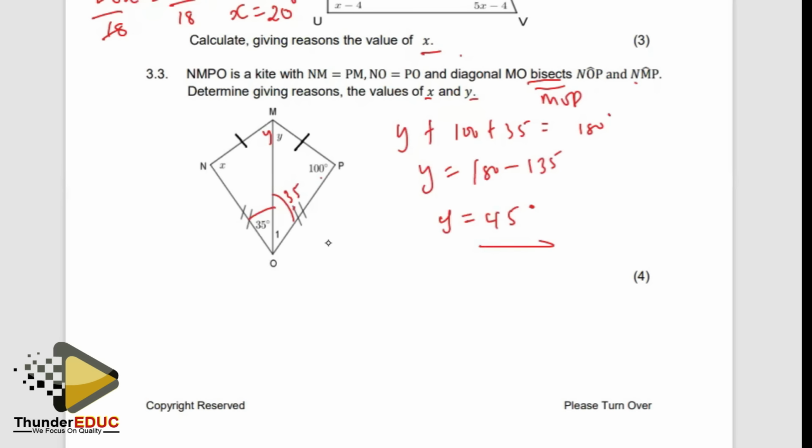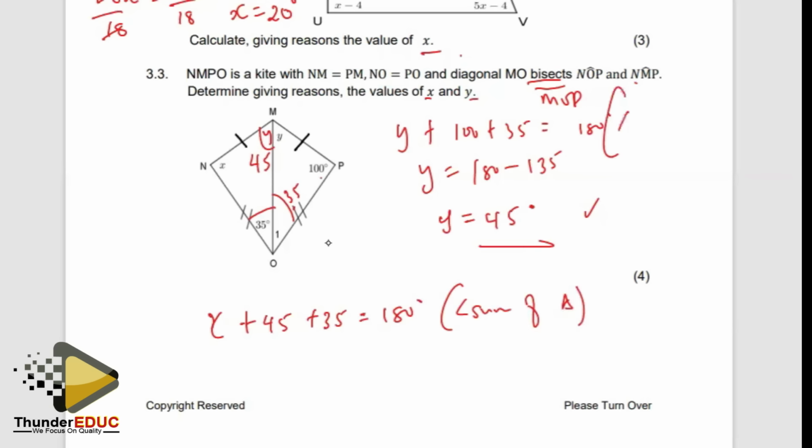Okay, then if Y is 45 and this is 35, we can find X. So X plus 45 plus 35 must give us 180 also. This is the angle sum of a triangle. Same reason can apply here.